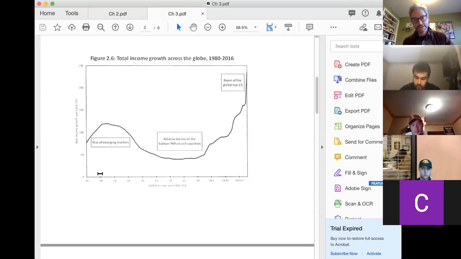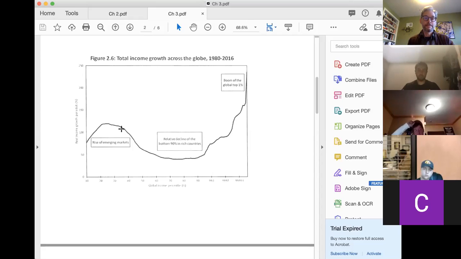Okay, so what does this graph tell us? Well, this graph really tells us something very interesting. It tells us that what kind of people have seen the biggest increases in income here over the last 40 years? It's people at the very bottom of the income distribution and people at the very top. They are the people who have seen the biggest increases in their income.